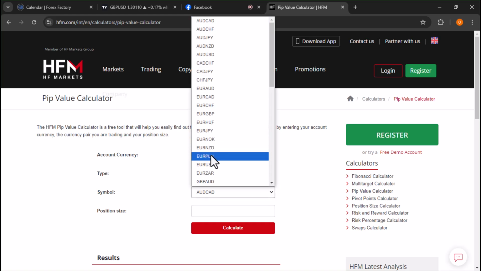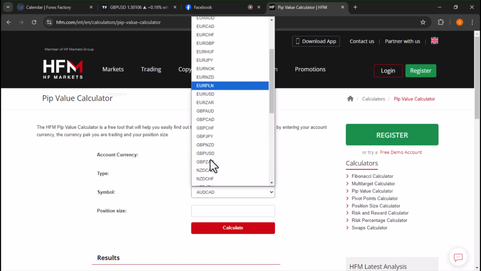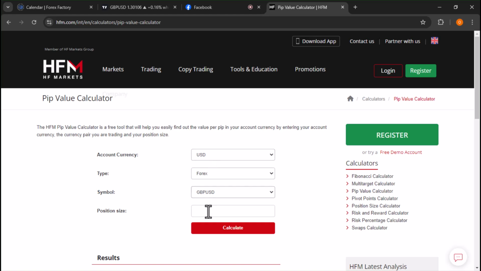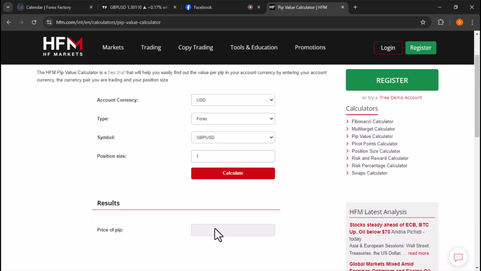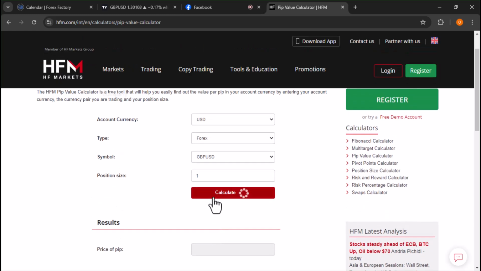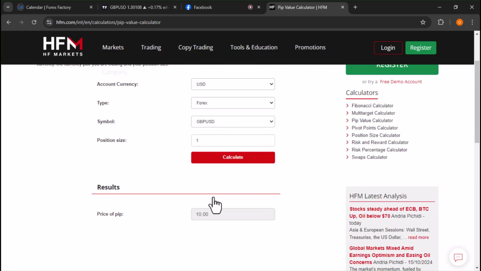We are trading British pound sterling paired against the USD. We search it, we select it. Our position size is maybe one lot. You can see that if you are trading one lot, each pip is what? $10. So this website will help you easily calculate the value of your pips.